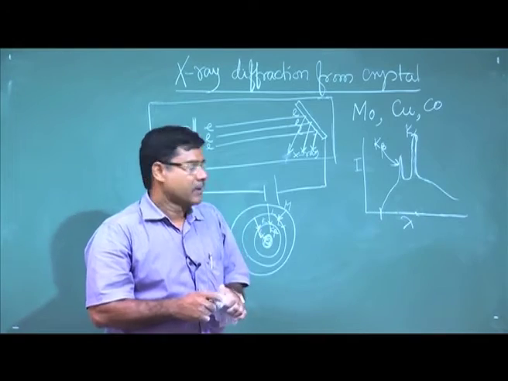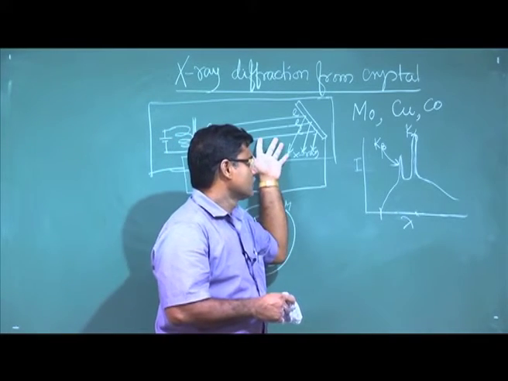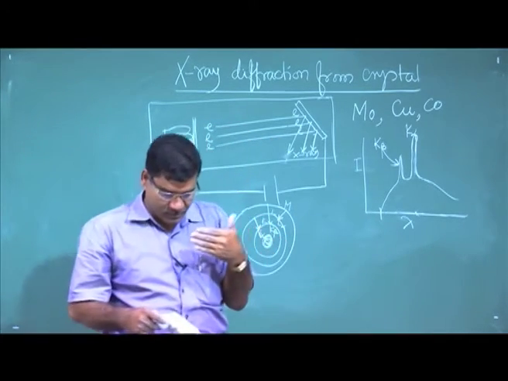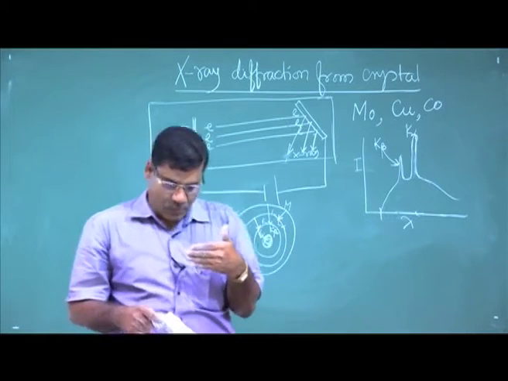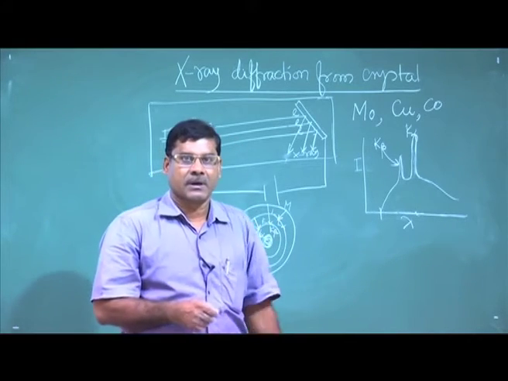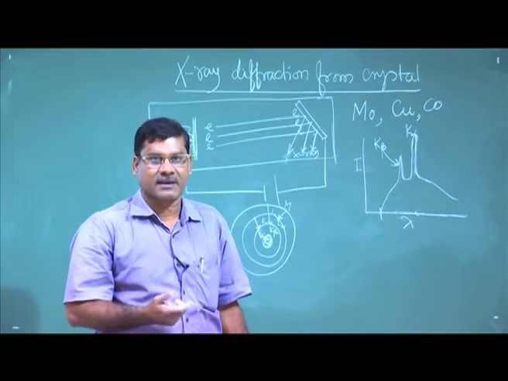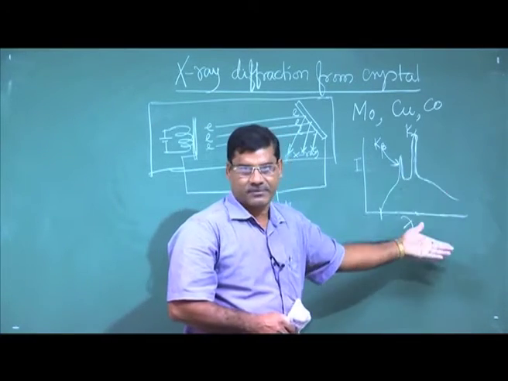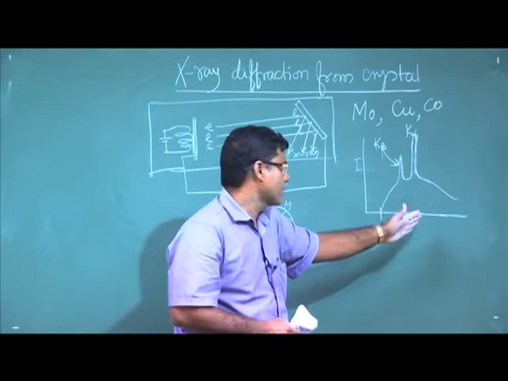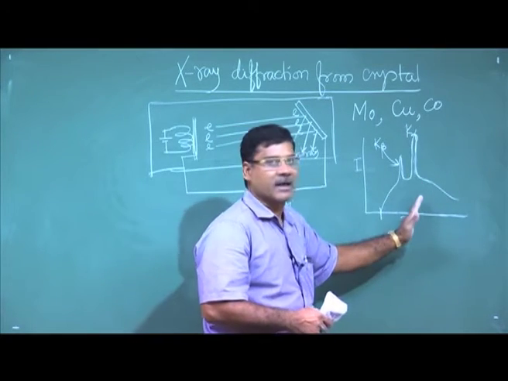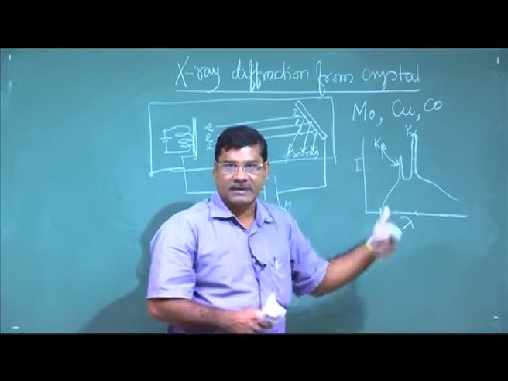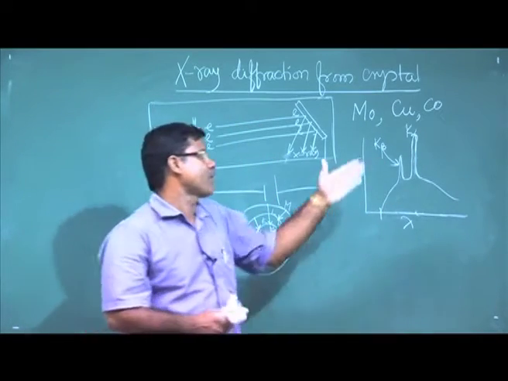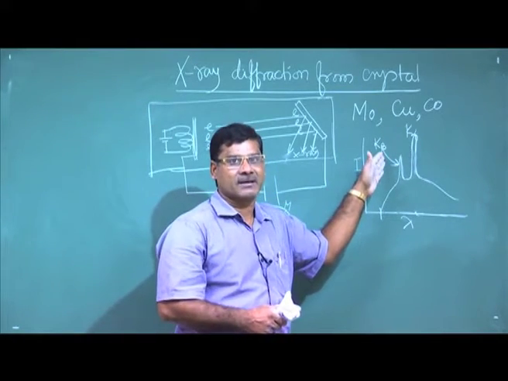So if one wants to choose a particular wavelength of X-ray from this X-ray spectrum, we should generally prefer to choose K alpha. If the target is copper, we say copper K alpha, copper K beta, right.